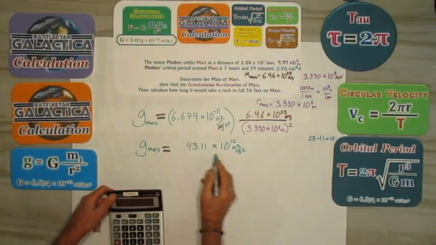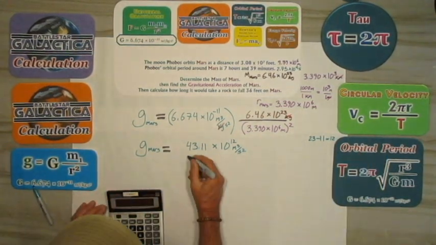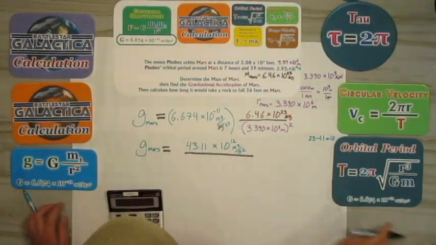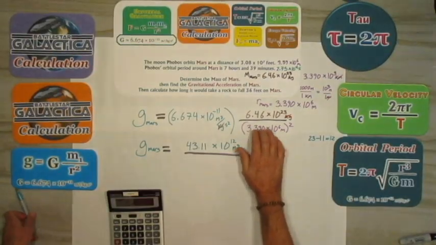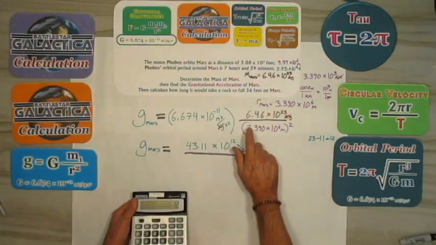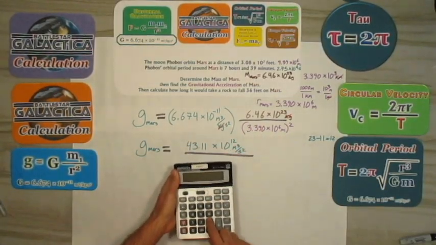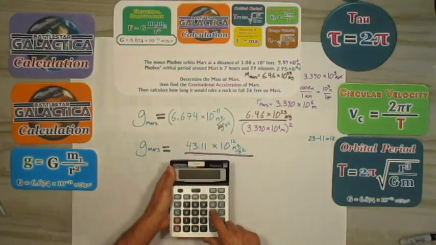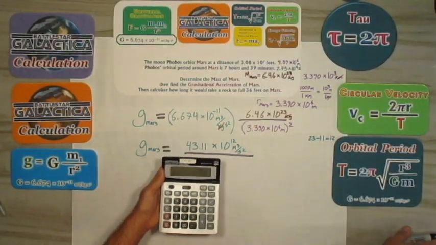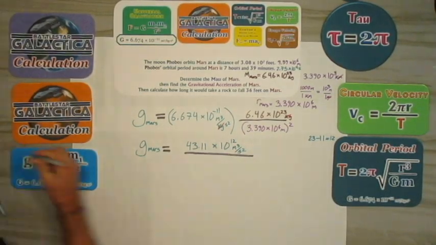For now, I'm just going to leave that improper, because maybe when we divide it, it'll save us a step. Then I'm going to square this. Now, 3 squared is 9, so this is going to be something more than 10. 3.39 times 3.39, I get 11.49. Okay, that seems reasonable.